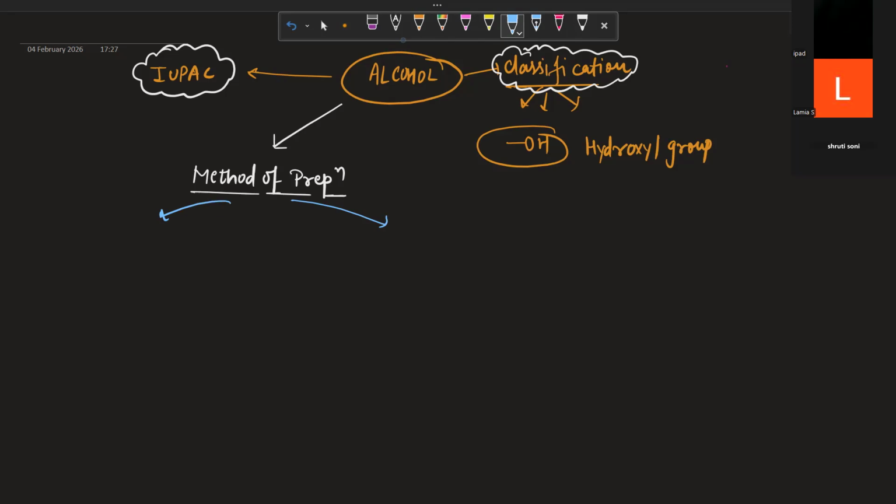In these two methods of preparation, firstly from alkene, which we discussed in the last class. Then we discuss from carbonyl groups.